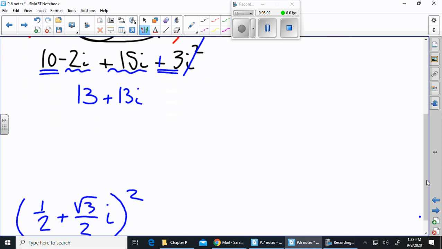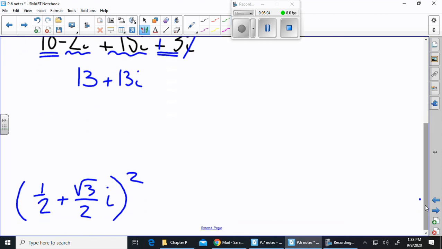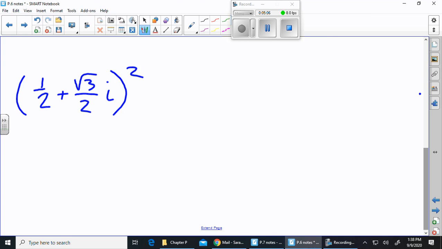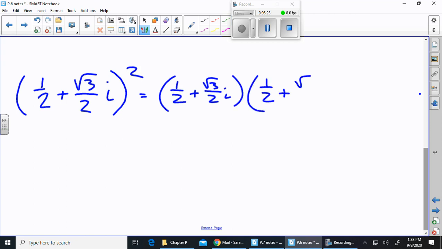If I gave you something like this, what does it mean to square something? You cannot distribute that. What that means, if I'm squaring, I have two of them. A half plus radical 3 over 2 i times a half plus radical 3 over 2 i. I do the same thing.